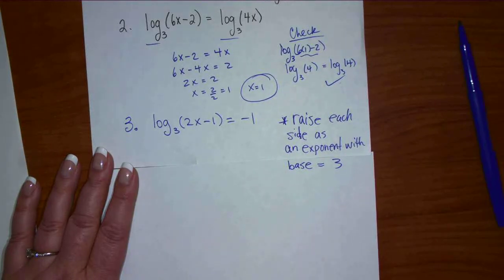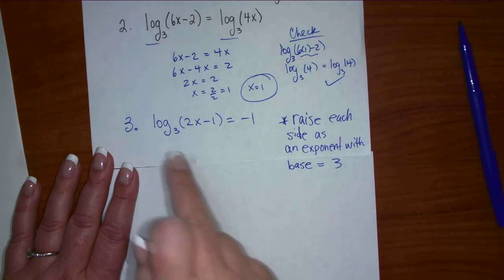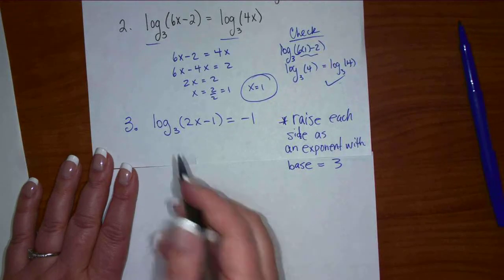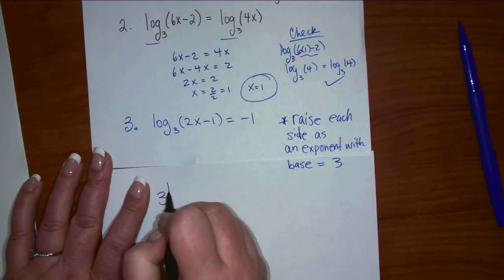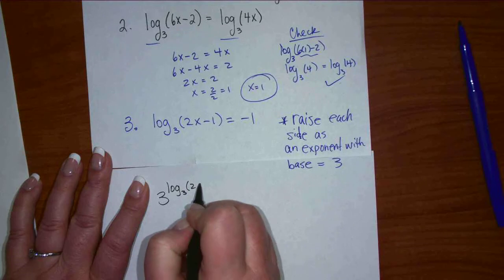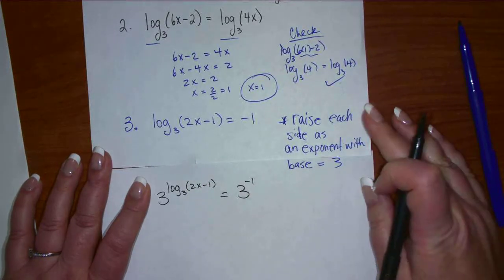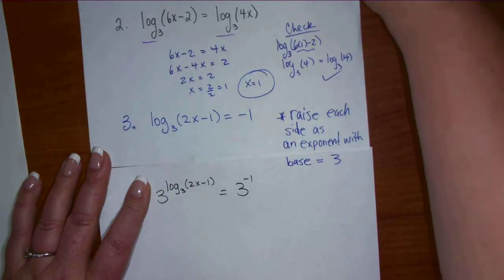Okay. So that's probably what you're thinking. Kind of like the box method, you know what I'm talking about when I say that? 3 to the negative 1 equals 3? Yeah, you can do that. That's sort of just like what we call in math a recipe.